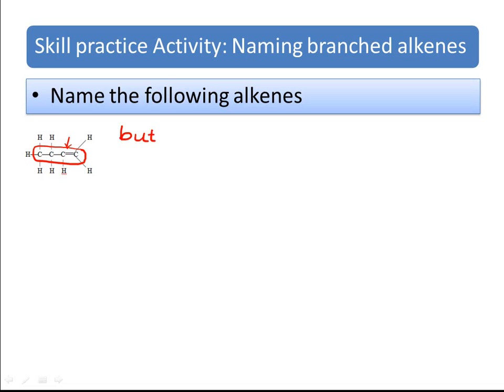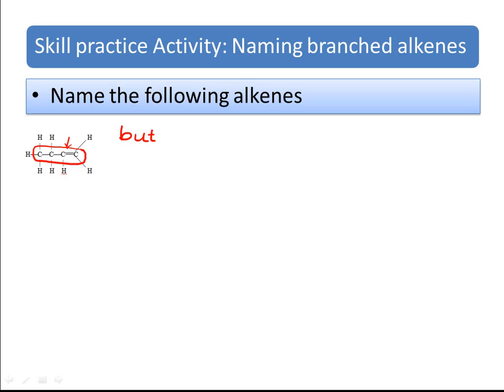And we have to state the position of the double bond. We do not have any side chains in this one here. I decided to start with a simple one so that we can actually see how it changes as we move forward with a bit more complicated structures.